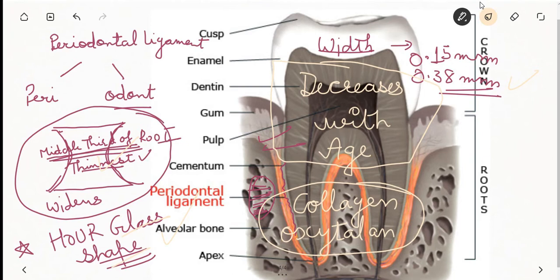It contains a small amount of glycogen, proteoglycan, glycoprotein, etc. So for exam point of view, you have to just remember that the major component is type 1 collagen, along with type 3 collagen.